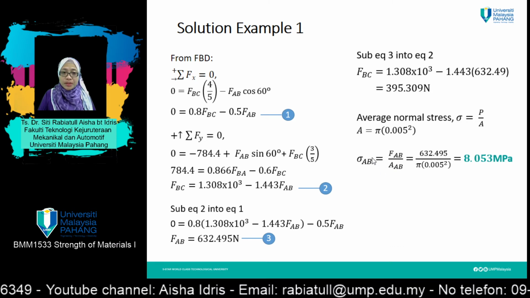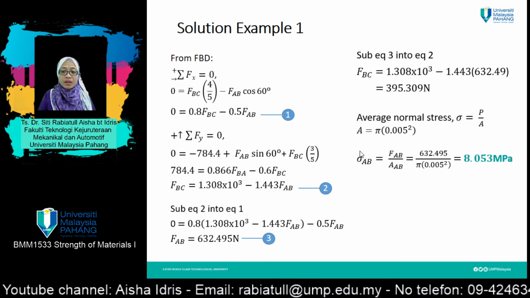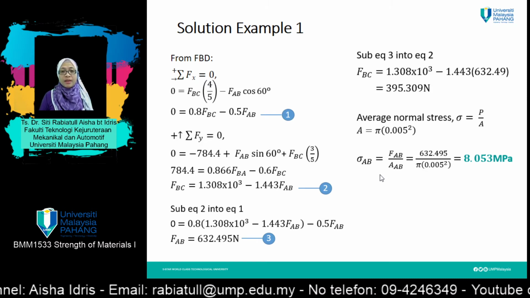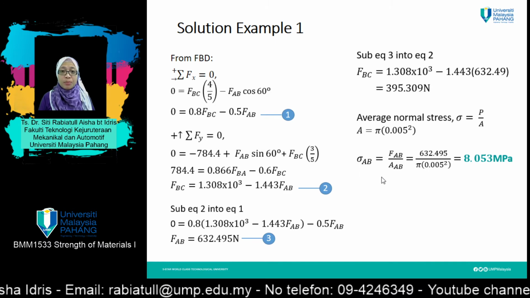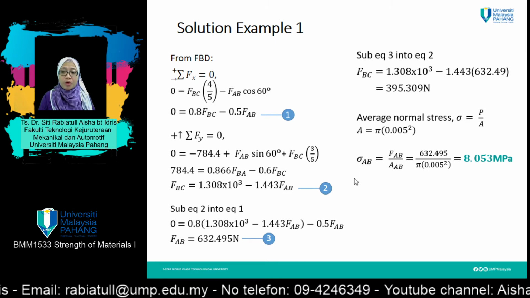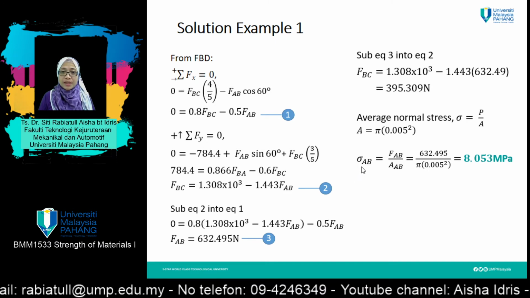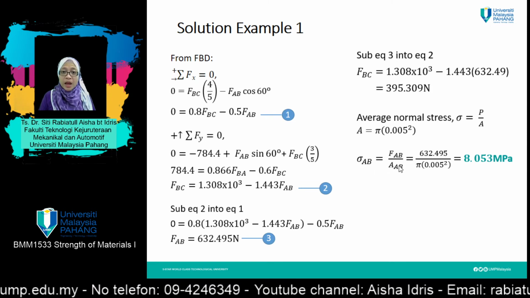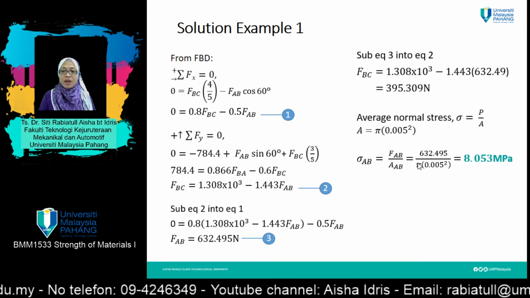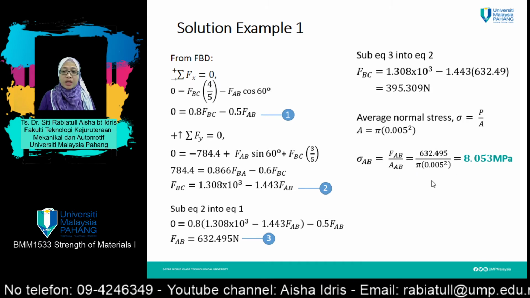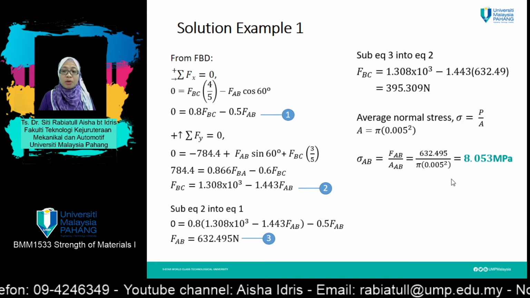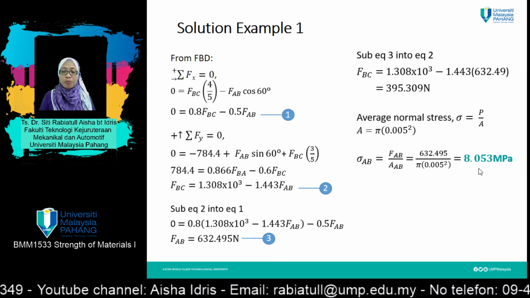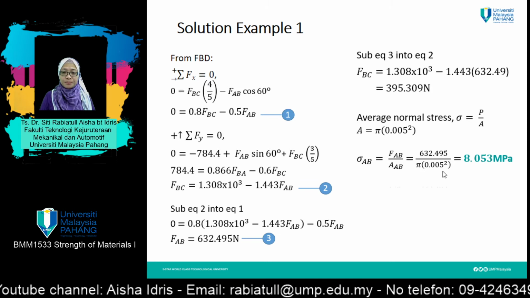By substituting into this formula, because the question asks you to find the value of stress in rod AB and rod BC, the stress in rod AB equals FAB divided by area of AB. Substitute all the information into the formula, and you will get the value of stress in rod AB equals 8.053 megapascal.